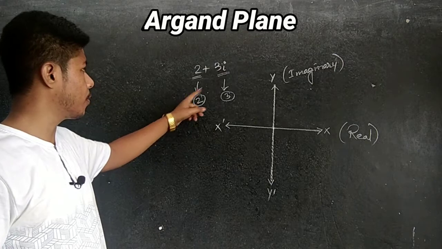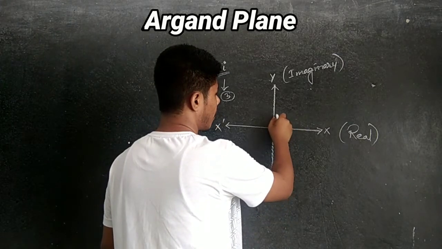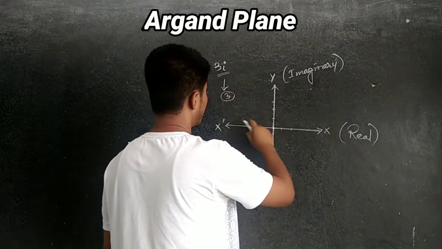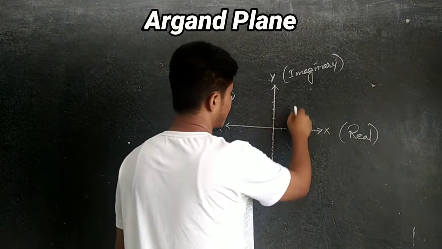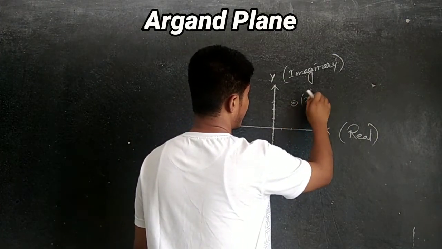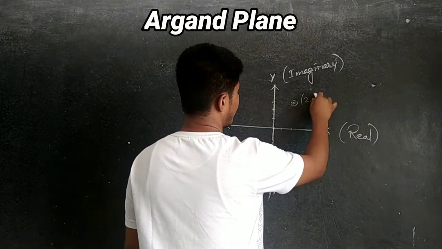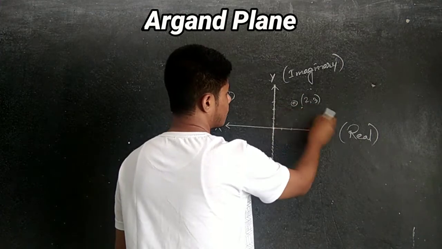Now if we plot this point, 1, 2 on the real axis, so 2, and 1, 2, 3 on the y axis, 3 on the imaginary axis, this is the point. We can mention this coordinate as (2, 3), where 3 is on the imaginary axis, so 3i, and 2 is the real number.